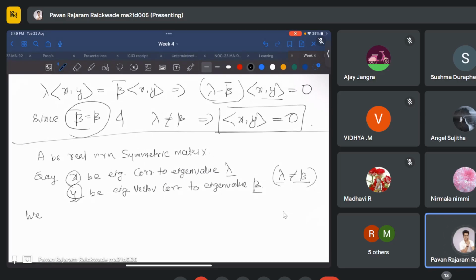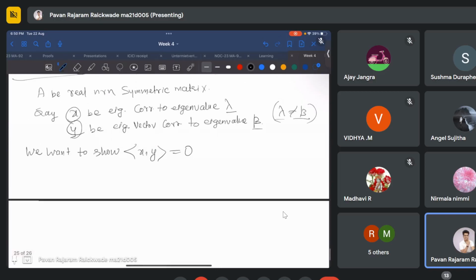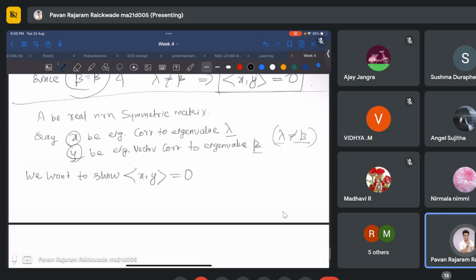You want to show that the inner product of x with y is 0. We will use the fact that lambda times the inner product of x with y, I can take this lambda inside.